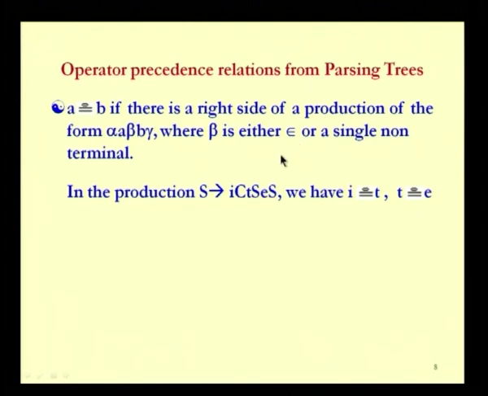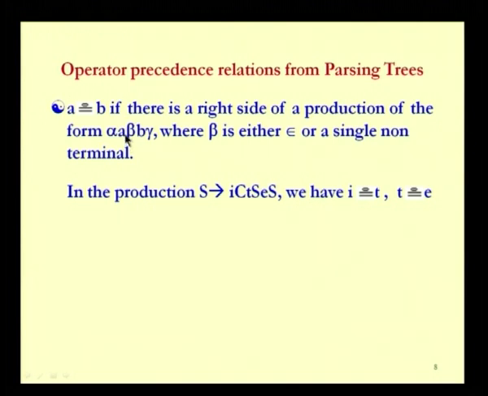If it becomes an epsilon, alpha A beta B gamma becomes alpha A B gamma. So A and B become two consecutive terminals, which is allowed by the definition of an operator precedence grammar. If two consecutive terminals are there, they are precedentially equal. One more case is that beta can be a single non-terminal.